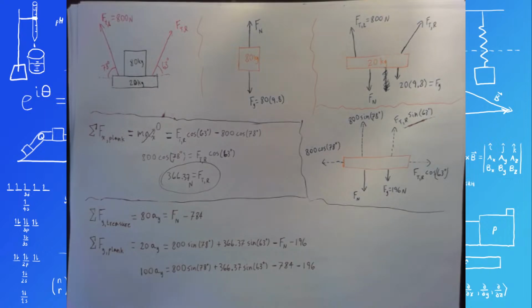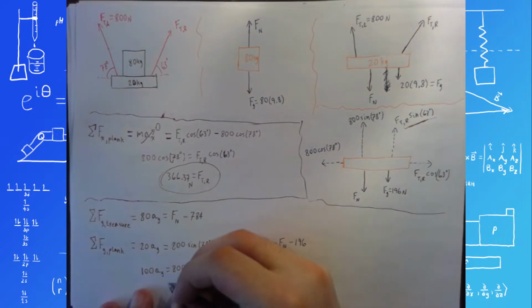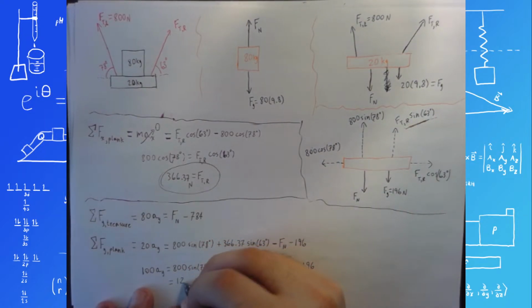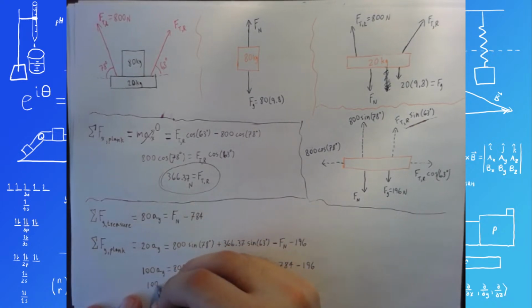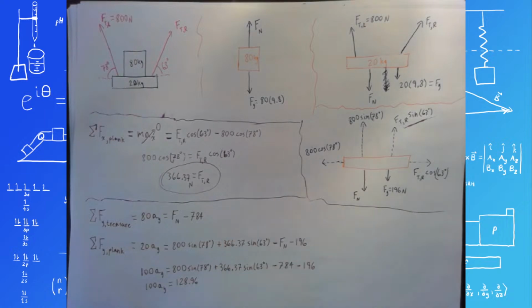Okay, now put all of that into the calculator. So 800 sine 78 plus 366.37 sine of 63 minus 784 and minus 196. I'm getting 128.956. I'll just round it to 128.96. So I'm getting 128.96 equals 100 times the acceleration in y.